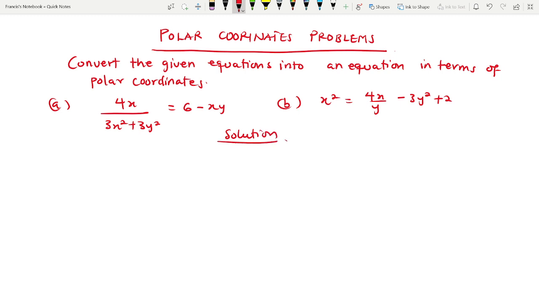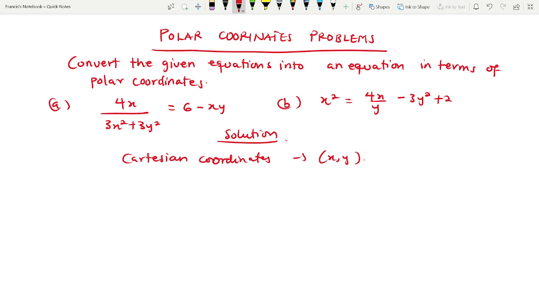Let's take the first equation, but before that, whenever you have xy, think about Cartesian coordinates. Cartesian coordinates are simply xy.